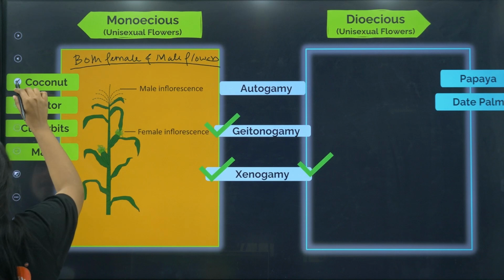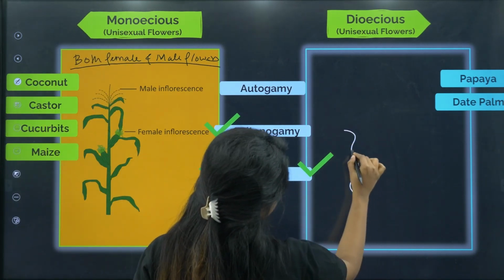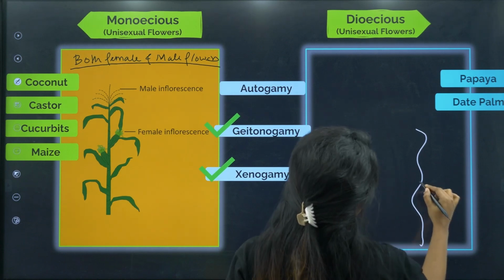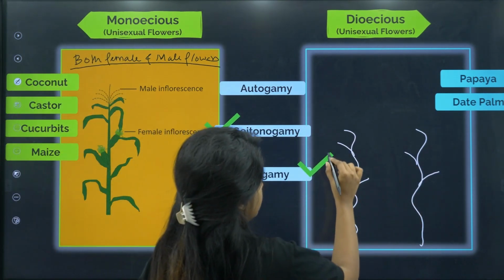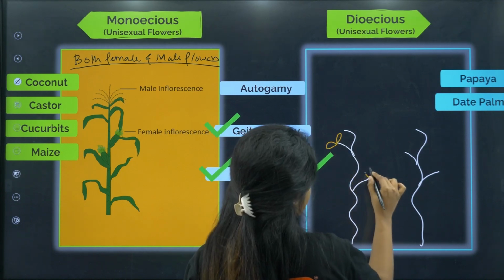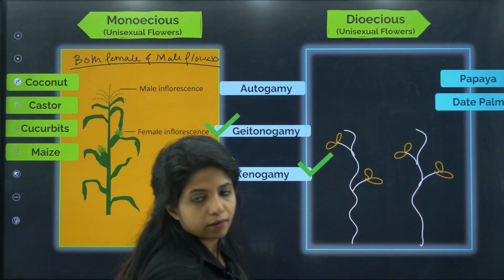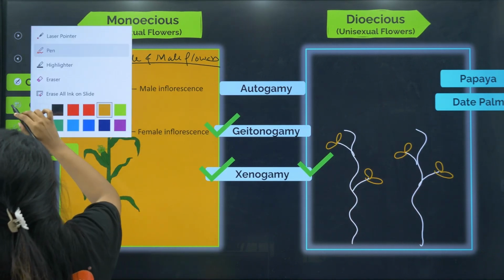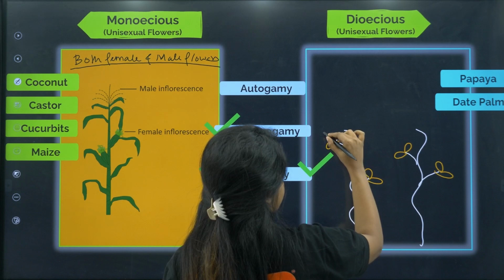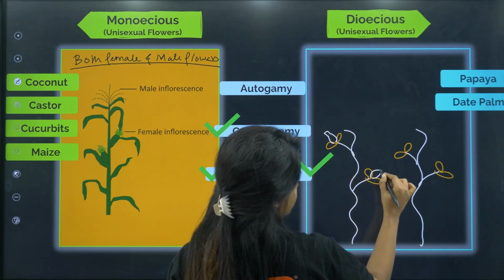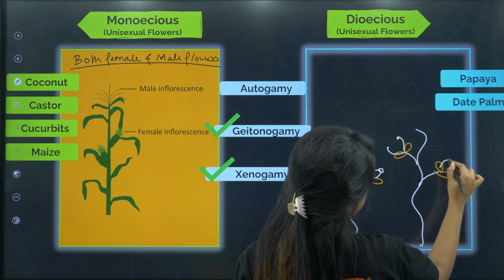On the other hand, dioecious is when you have a plant, and you have another plant, and there will be one female plant, and the other one will be the male plant.